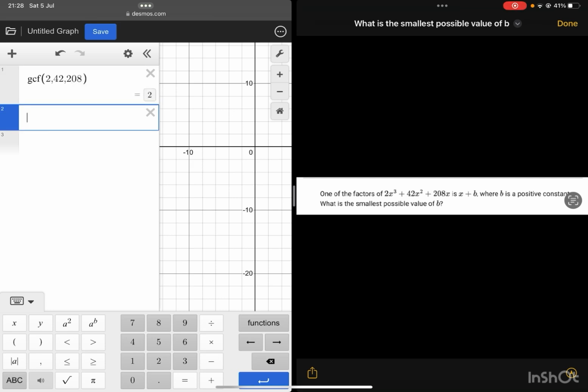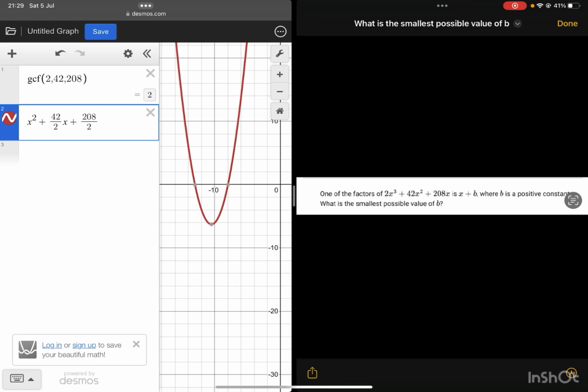So now we're gonna factor the whole thing down by 2x. We're gonna have x squared plus 42 over 2 x plus 208 over 2. These two x-intercepts represent the b values.